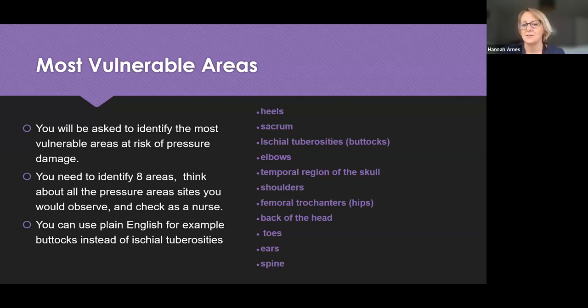So things such as heel, sacrum, elbows, buttocks, the temporal region of the skull, but also the occiput at the back of the skull as well, back of the head, toes, ears, spine. So you only need 8 to pass the station. So that should be a relatively straightforward part of the station for you to do.